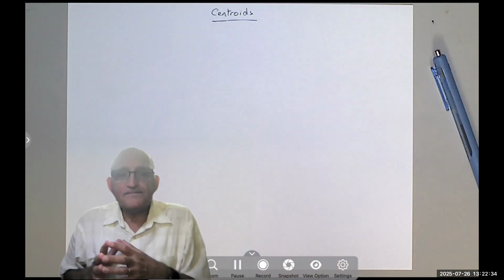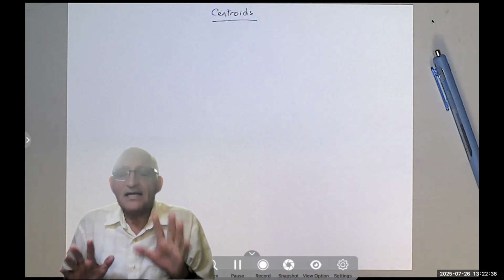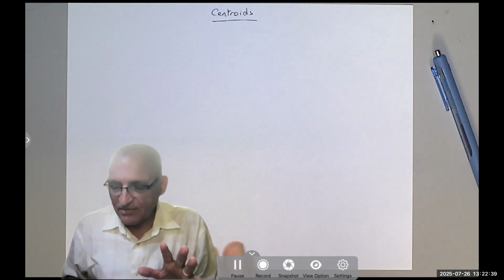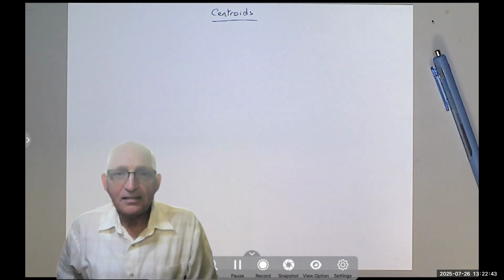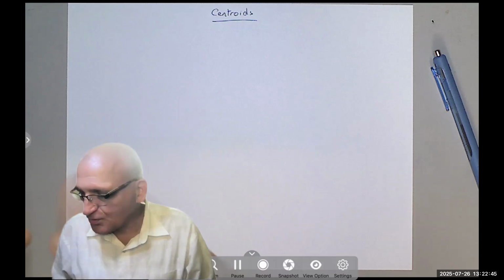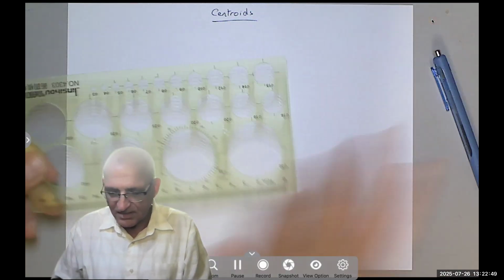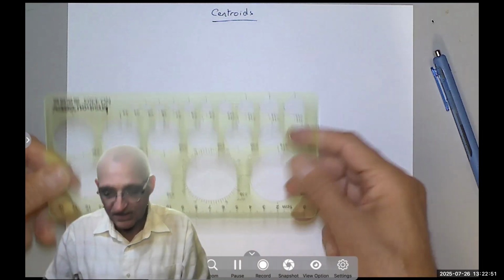A centroid, well, let me back up and say, if I have a plate or this piece of paper, paper is flexible, so it won't work. But let's assume this is rigid, there are no holes inside.